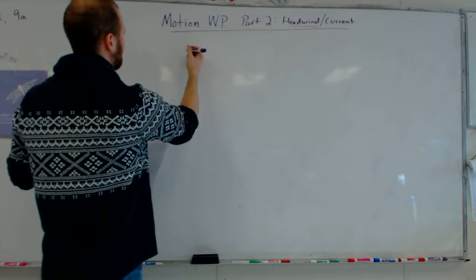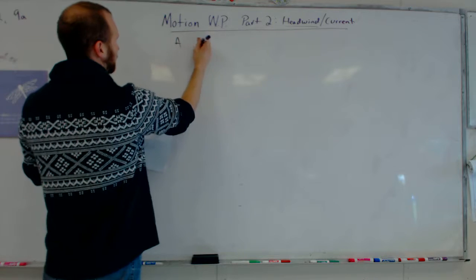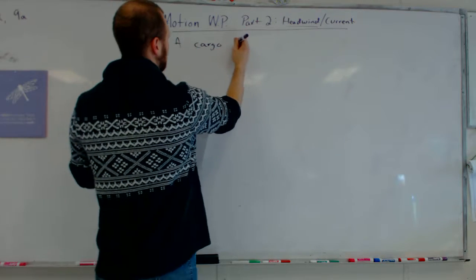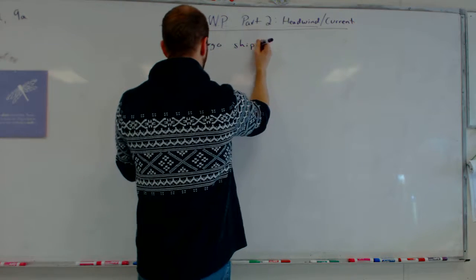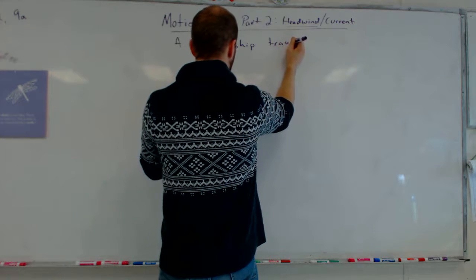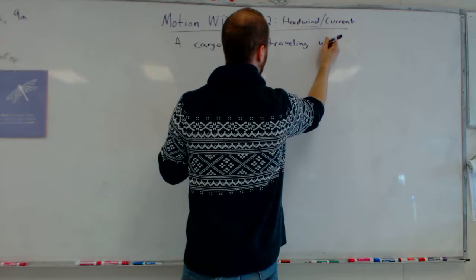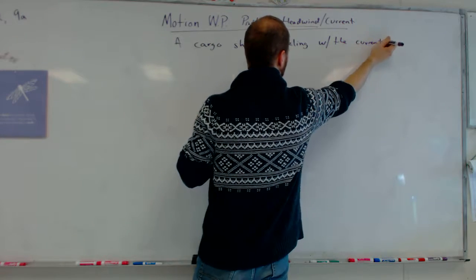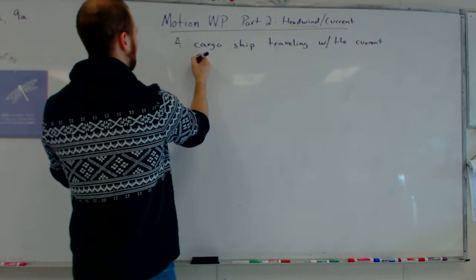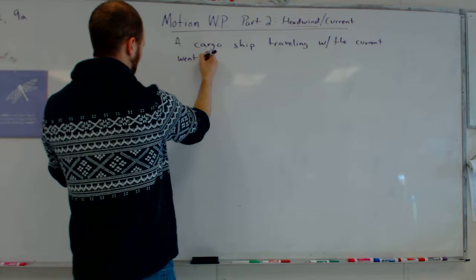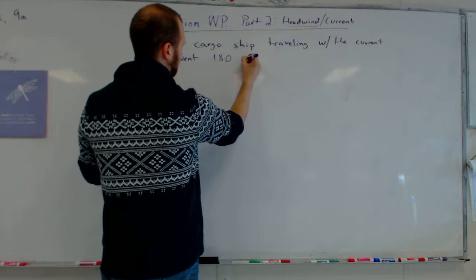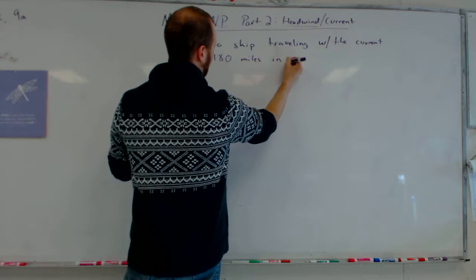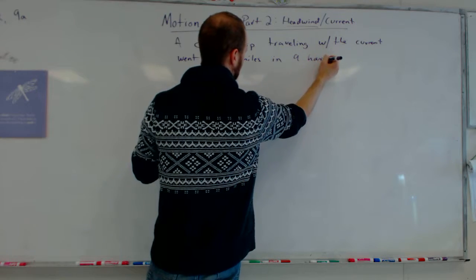Here we go. So this one's a little simpler. A cargo ship traveling with the current went 180 miles in 9 hours.